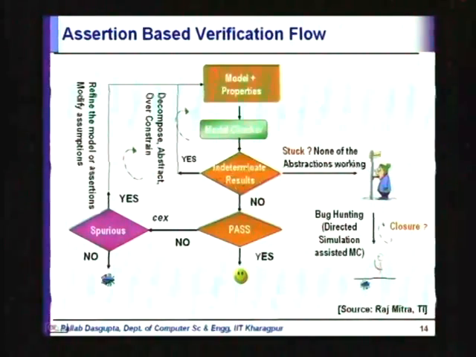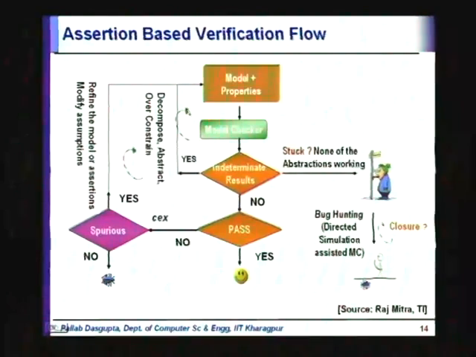If it is indeterminate, then you go back here and create a new abstraction, again try this, and you can go around in this loop several times, okay.